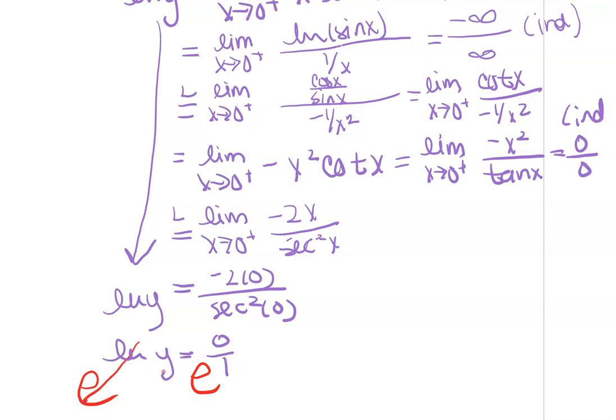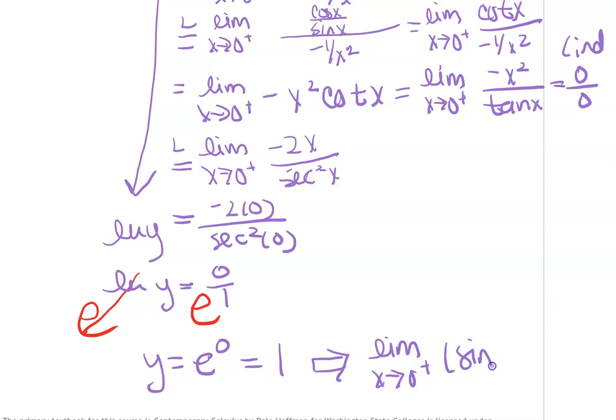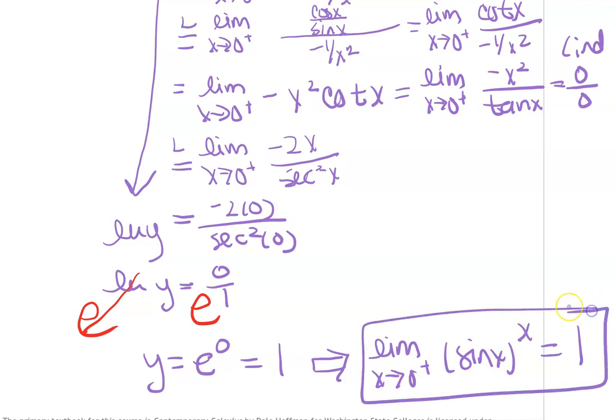So this would cancel. And I have y equal to e to the 0 power, which is equal to 1. Therefore, the limit as x approaches 0 from the right of sine x to the x is equal to 1.